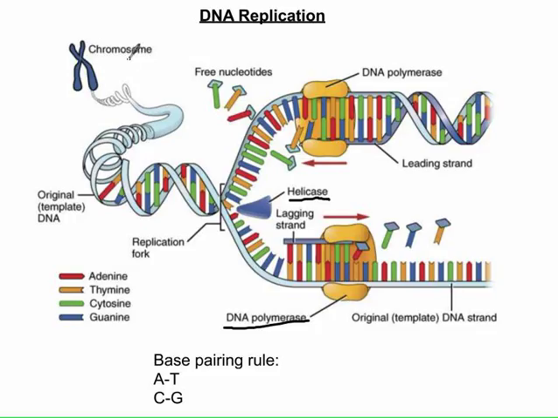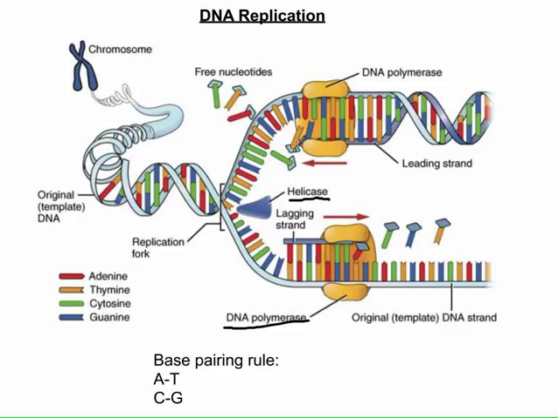DNA replication is pretty straightforward. The first thing that needs to happen is the DNA double helix needs to unwind and separate, and DNA helicase is a protein that does that. Once it's unwound, free nucleotides floating around inside the nucleus will be attracted to the opposite strand, and always A will be attracted to T, which is adenine attracted to thymine, and cytosine is attracted to guanine.